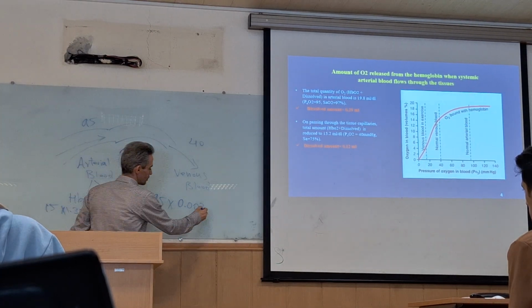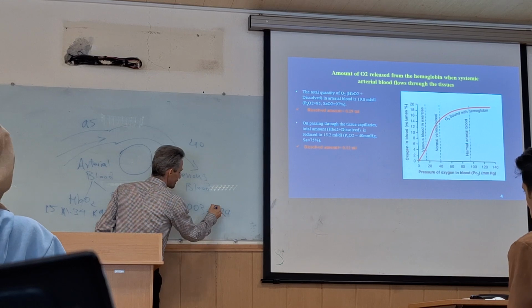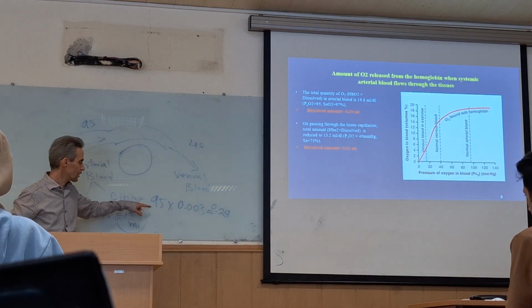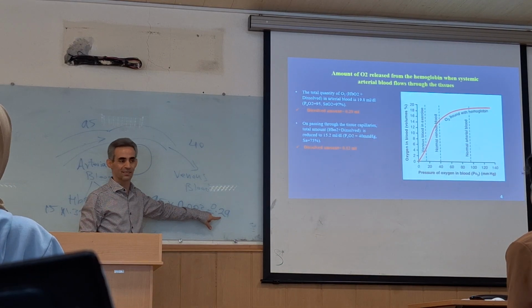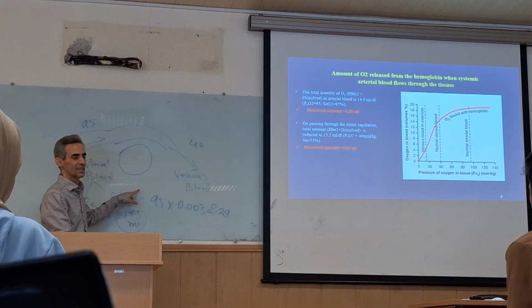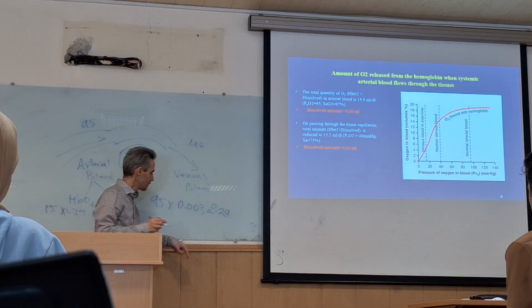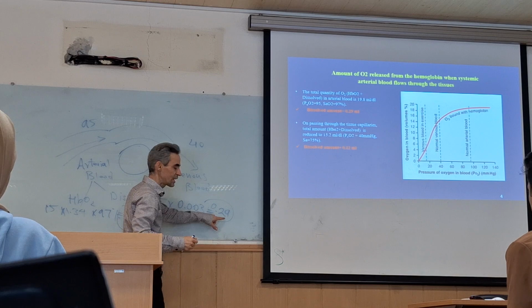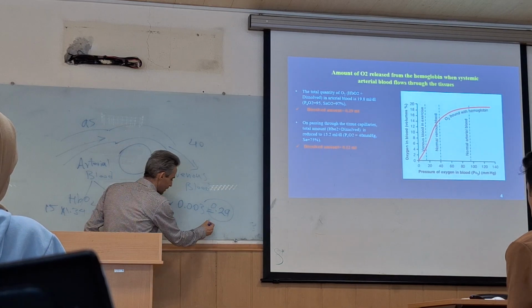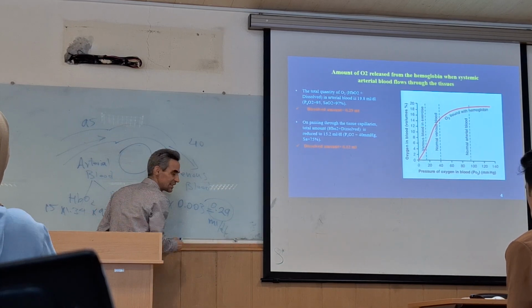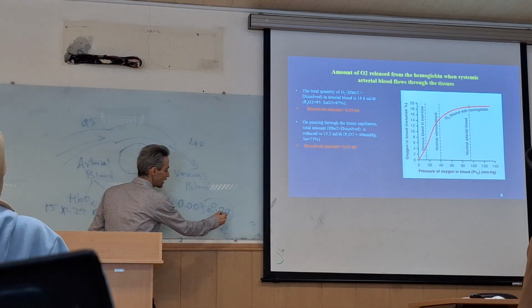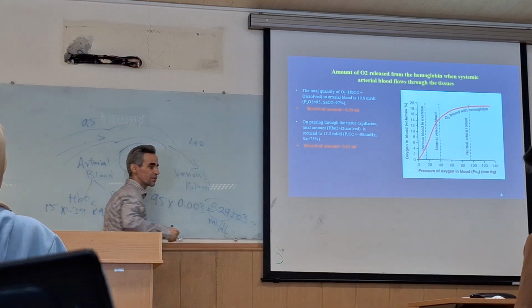By this you can see that the amount of oxygen that can dissolve in each deciliter of blood is about 0.29 milliliter, and I can round this to 0.3.